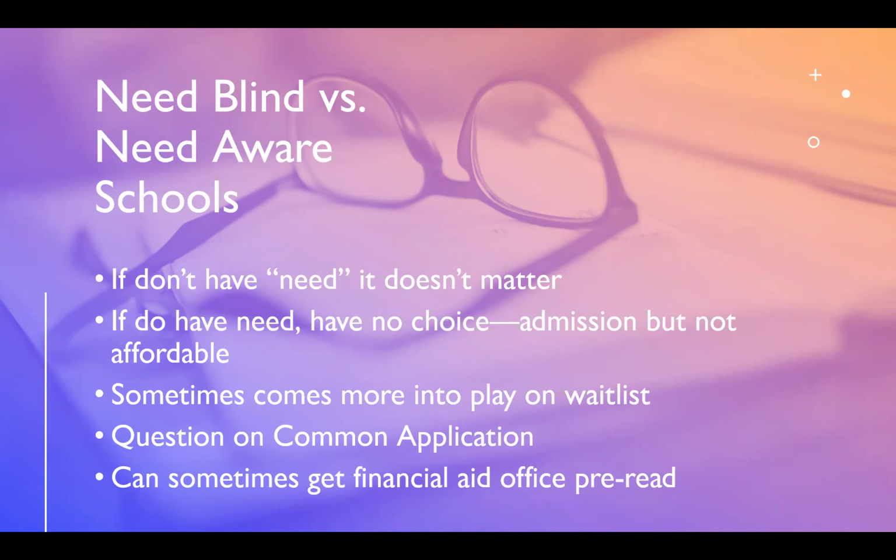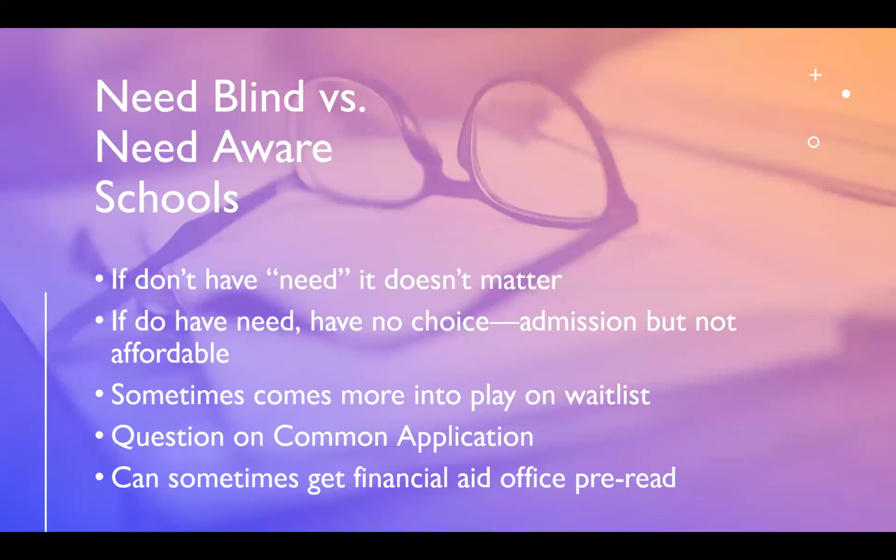So I think it's less of an issue as a practical matter. The only time that it may make a difference really in terms of admissions will be on the wait list. So it is less of an issue when you are applying if you don't qualify for need-based aid.